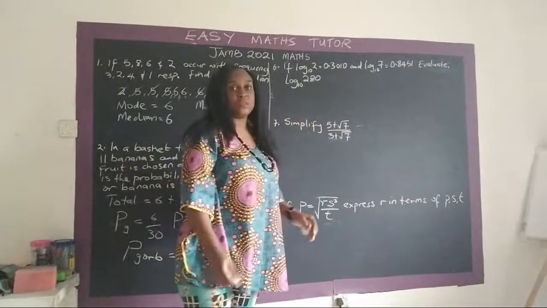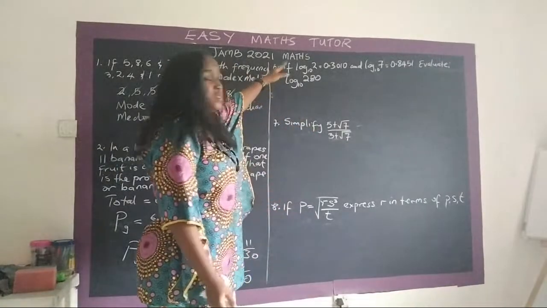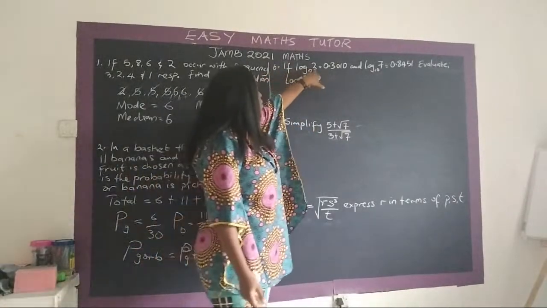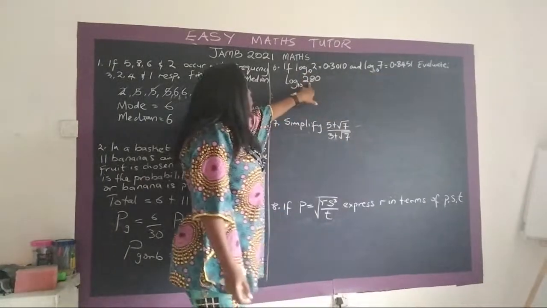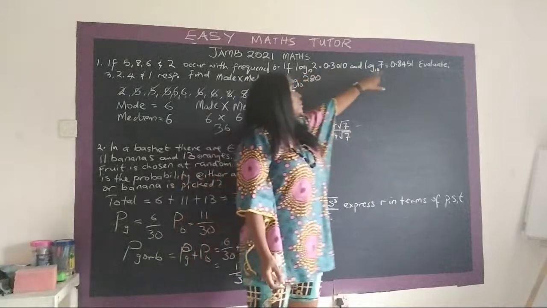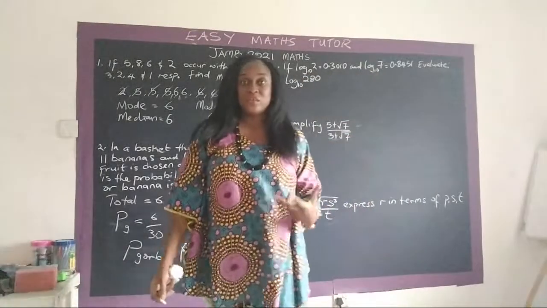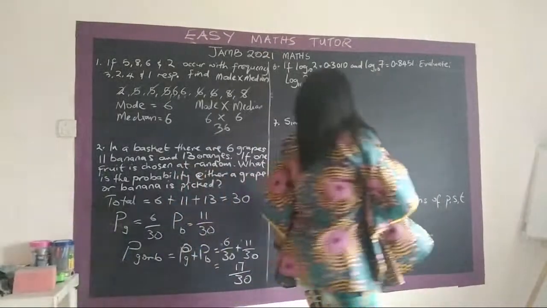So how do we do this? See what is given to us: log 2 and log 7. And we have a number that has 2 and 7 as its factors. So we break this down.